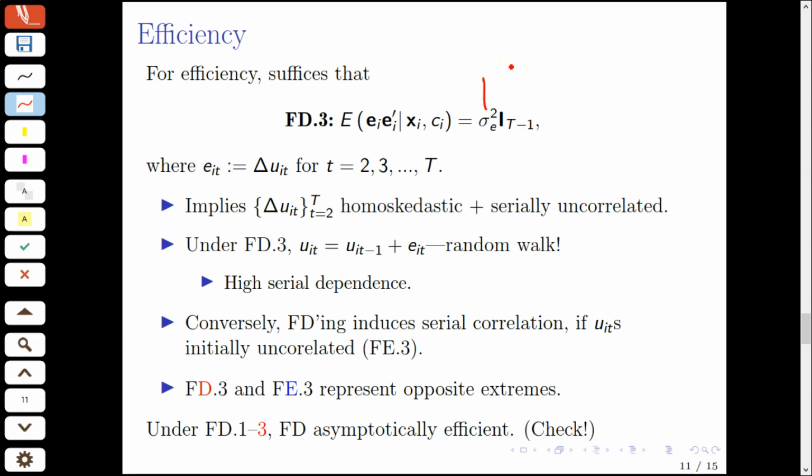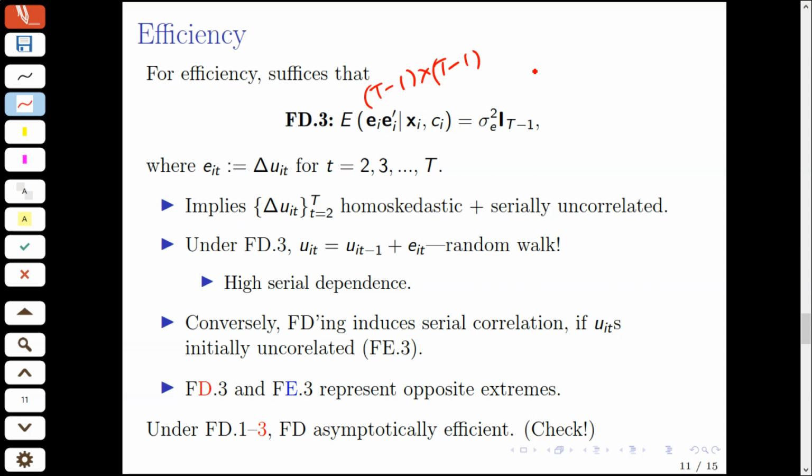That is, under this third assumption, we can write this matrix as the identity matrix up to a factor of proportionality, which we'll denote here by sigma squared e. Now note here that this matrix, since we've lost one period of time, is T minus 1 by T minus 1, such that the identity here is T minus 1 dimensional. Now this assumption implies that the eit's are homoscedastic as well as serially uncorrelated.